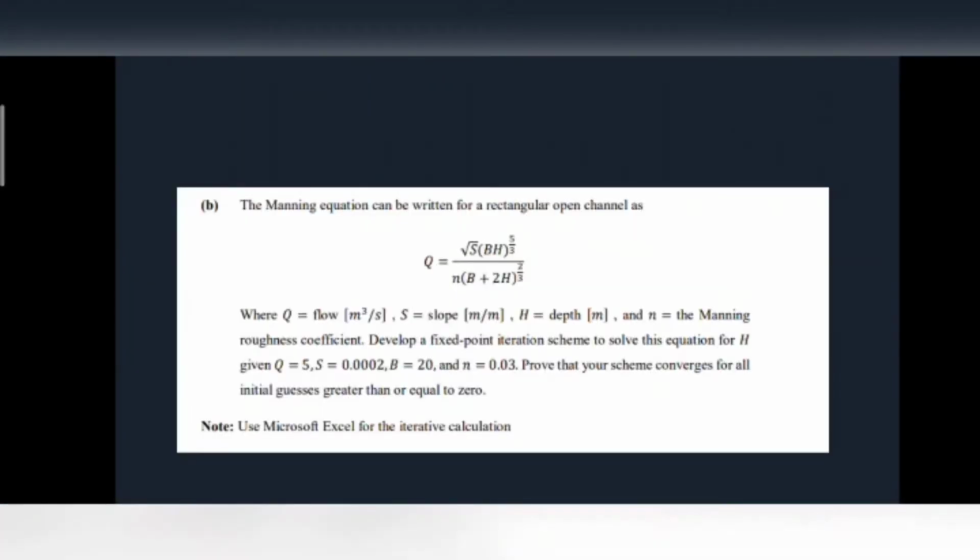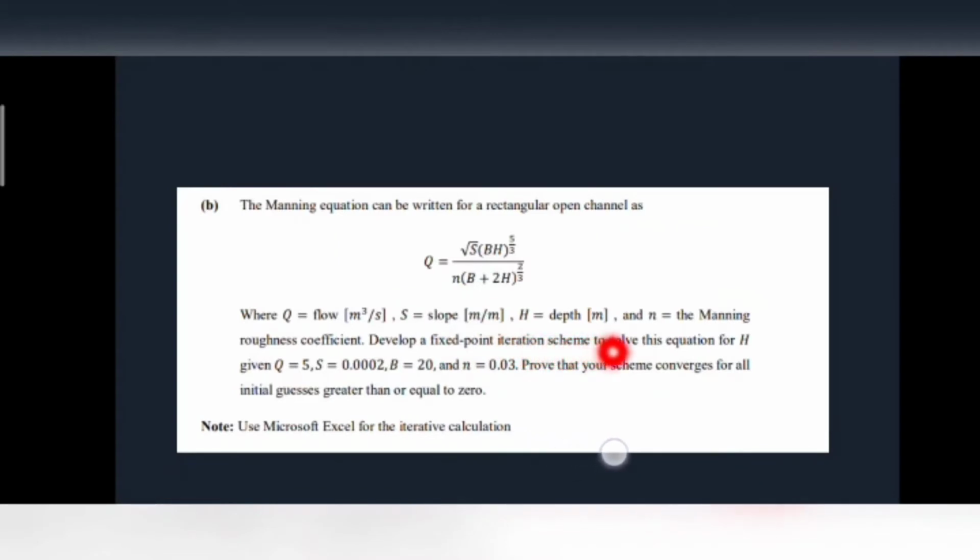As we can see here in the question, it says the main equation can be written for a rectangular open channel, where Q is given. We are given the requirements to find the solution using fixed point iteration.